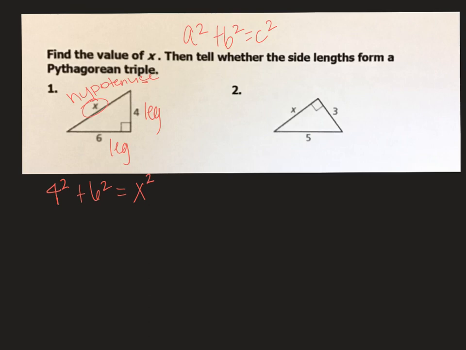So we square both of those. 16 plus 36 equals x squared. 16 plus 36 is 52.